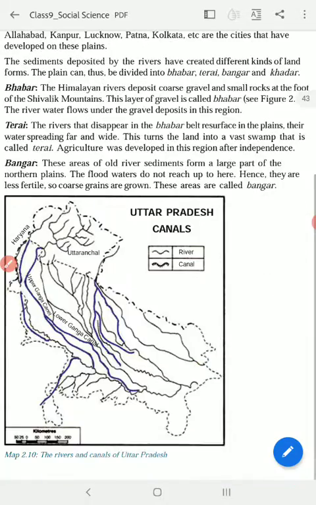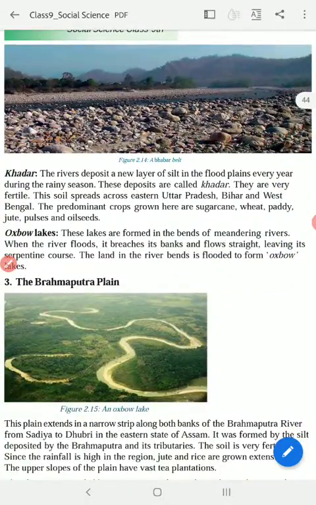From here the river comes to the final stage that we call Khadar. The river deposits a large new layer of silt here. As the river passes, it takes so much silt, deposits and sediments, and it always deposits them where it flows through.